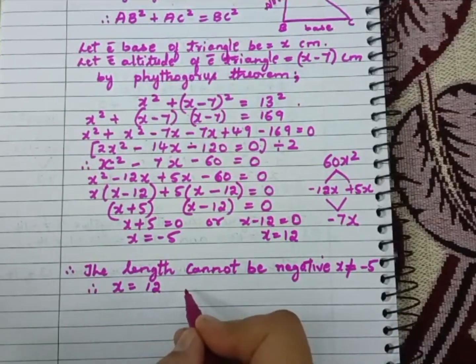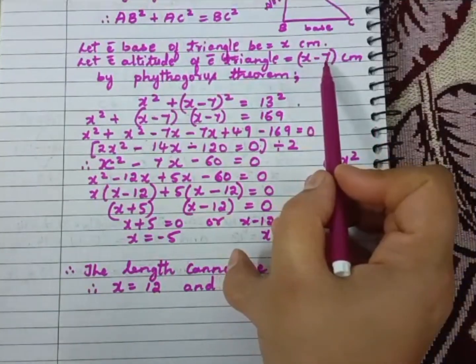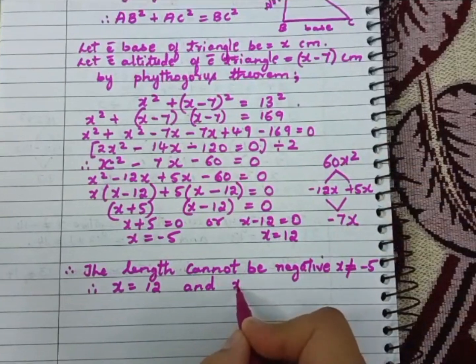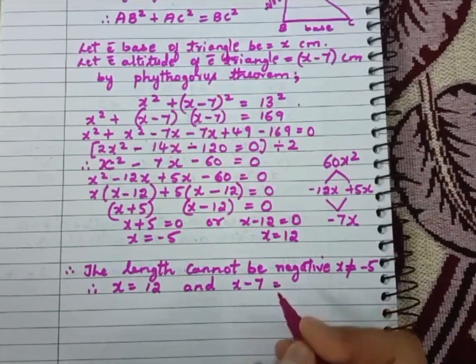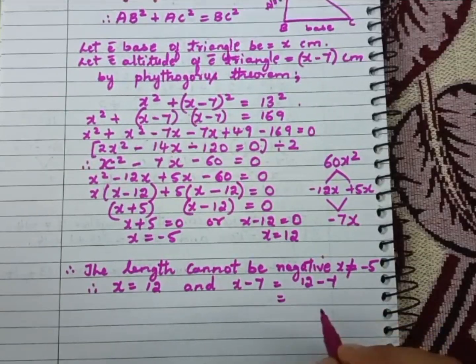In the question I have taken x minus 7, so x minus 7 is equal to 12 minus 7, which is 5.